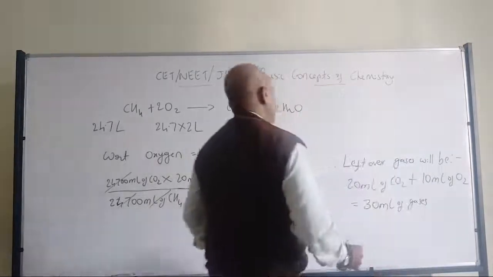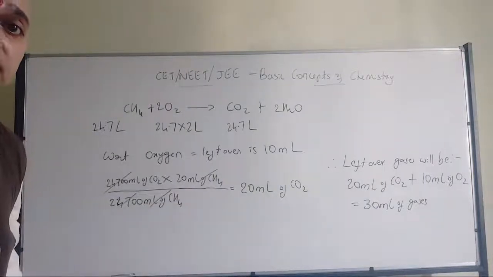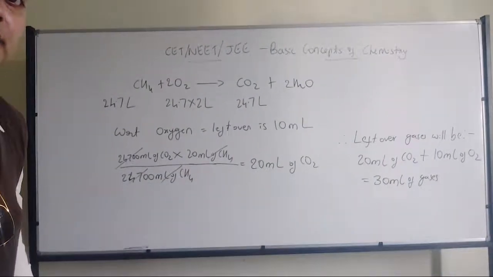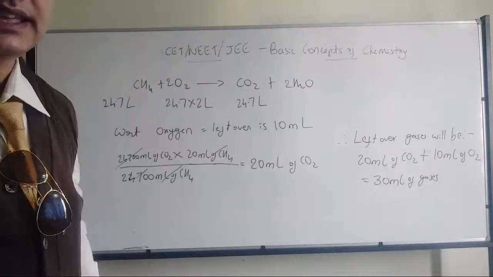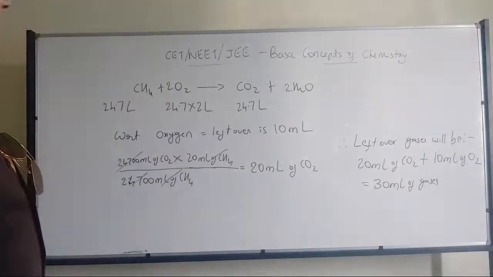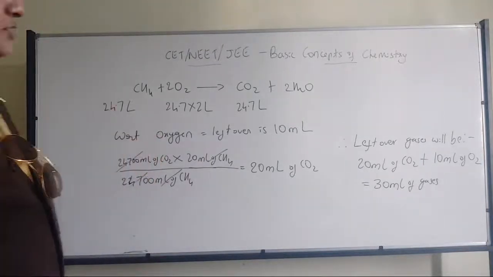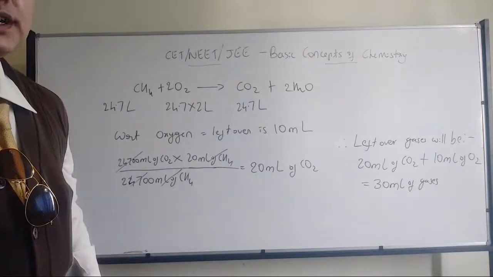Okay, option D will be the answer. Yes, some of you had written it is 30 ml of gases which will be left over. The question was correct only, but I didn't add carbon dioxide. I should have added this one. So 30 ml. That is option D.